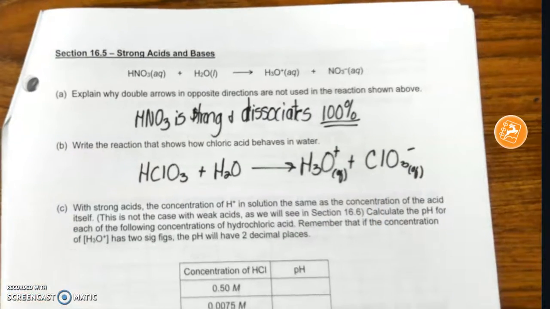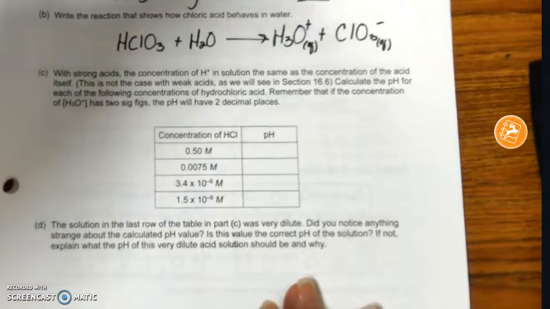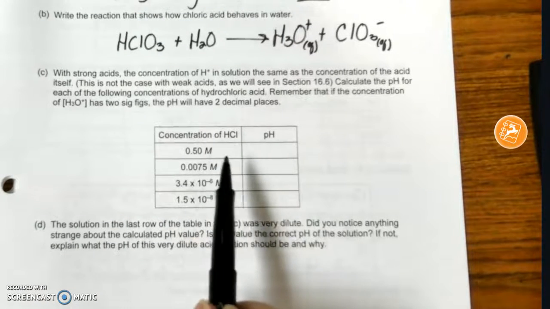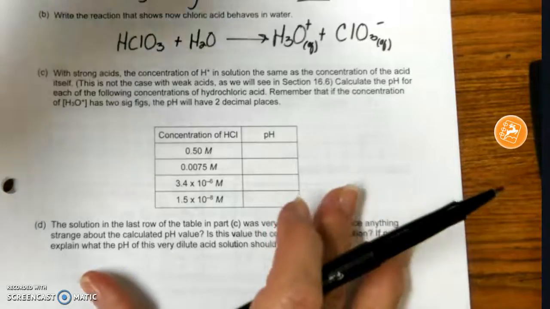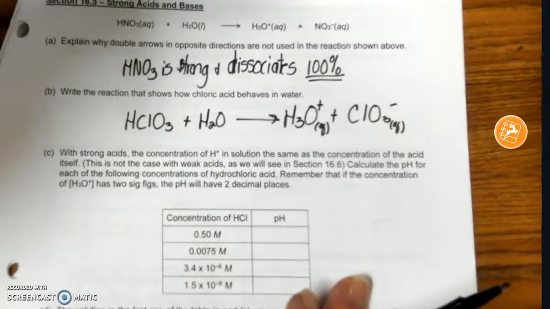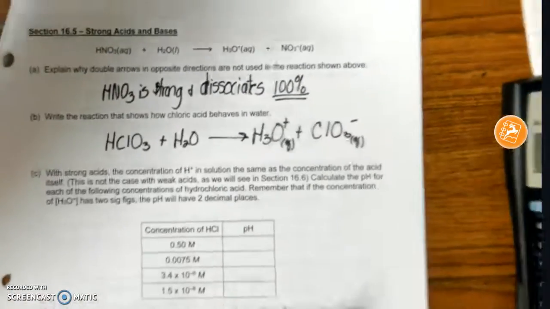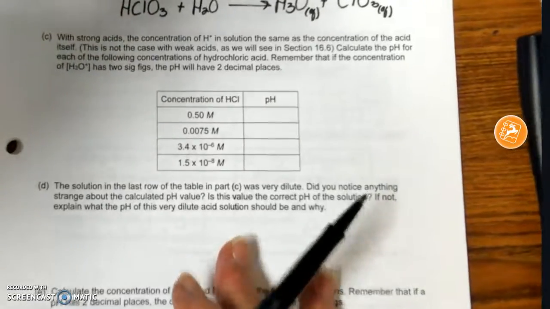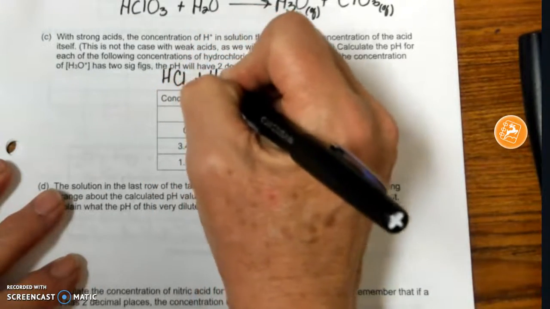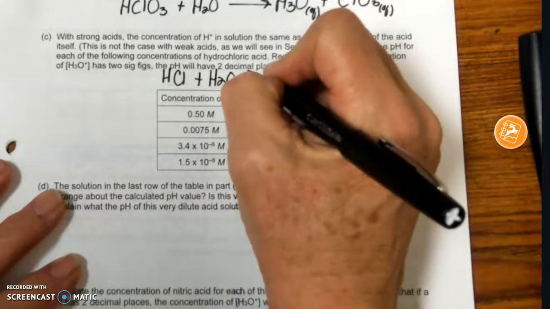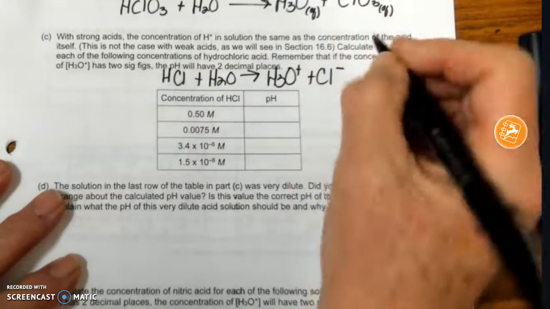Okay? Now, so what that means is when I'm trying to calculate concentrations, I can determine the pH or the concentration of my hydrogen ion just directly from the pH. So let's look at this. So first one, let's look at HCl plus water gives H3O plus Cl minus.